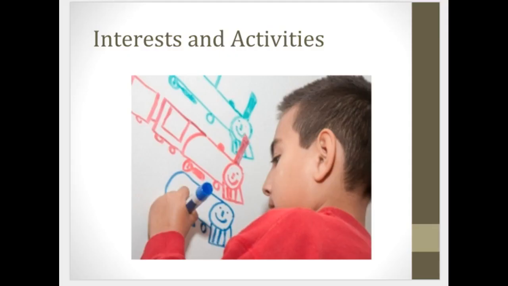When it comes to interests and activities, these children tend to have what we call perseverations, where the interest is above and beyond. You know, there are people that have interests in certain things in life and they tend to maybe talk about them more. This is even beyond that.